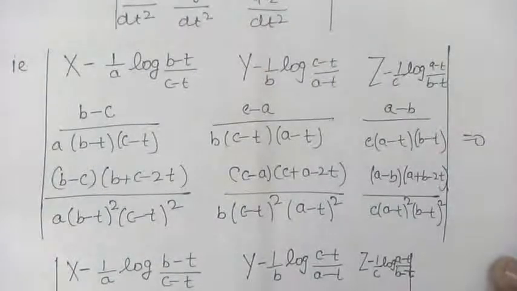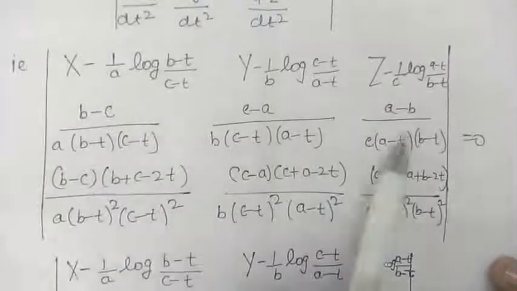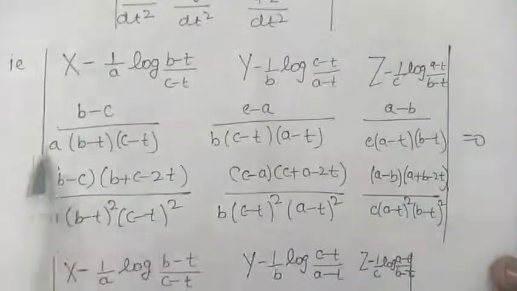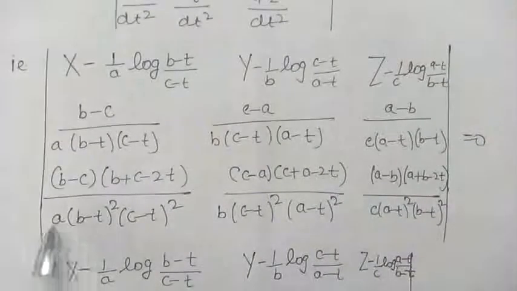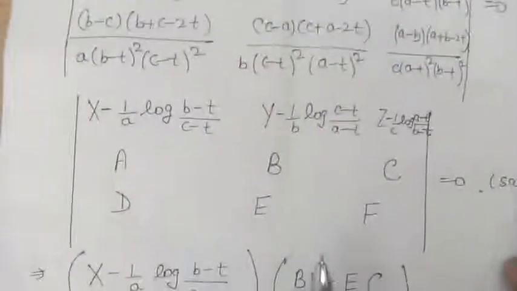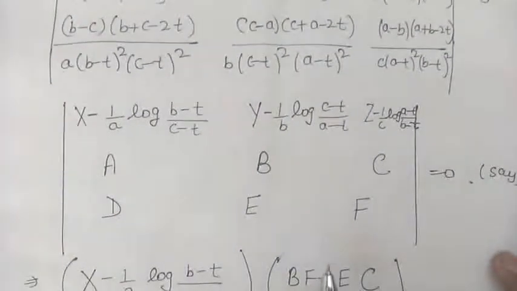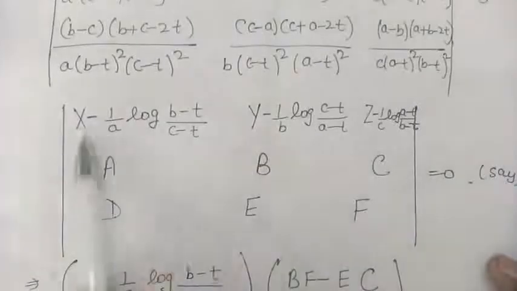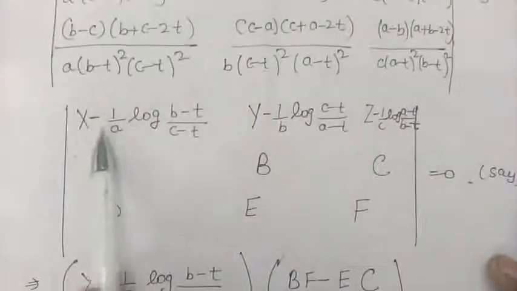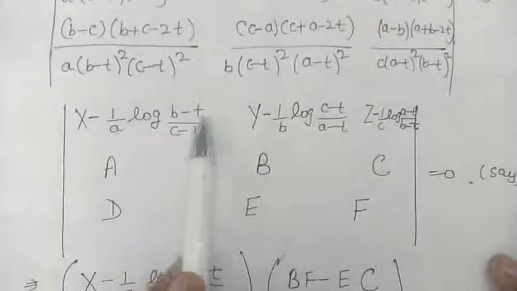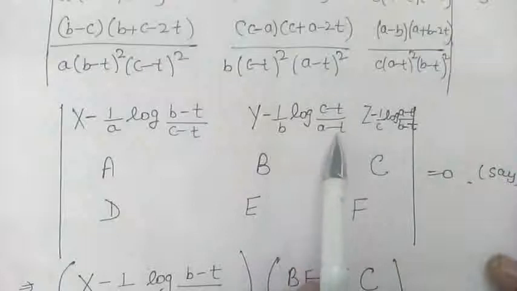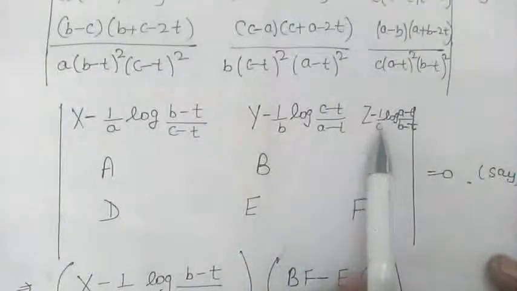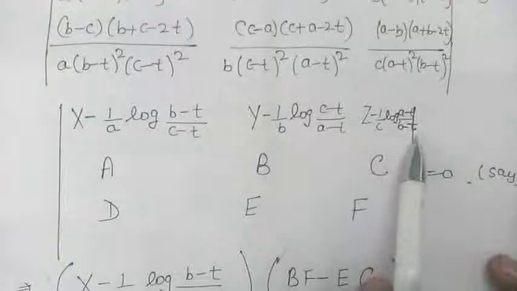Now in this equation, in order to make it convenient to solve, let us take notations for these terms which are in the second row and the third row. We have denoted this term by A, this term by B, this term by C, this by D, E, F. So after taking the notations, we have this equation which is given by x minus 1 upon A into log of (B minus T upon C minus T), y minus 1 by B log of (C minus T upon A minus T), z minus 1 upon C log of (A minus T upon B minus T).